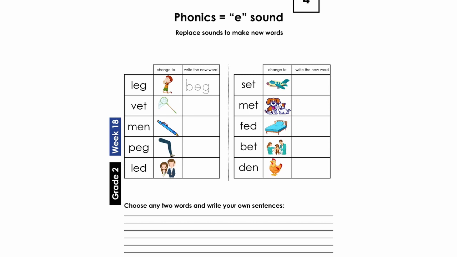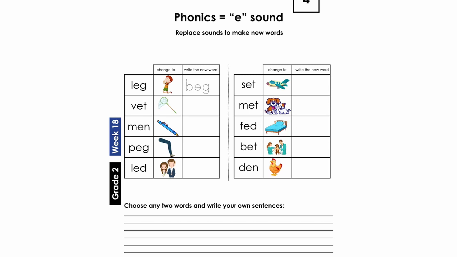So you have to look at the picture, and then you have to write the new word that describes the picture. The first one was done for us already. So you see a little boy on his knees, and the new word to explain that picture will be the word beg. I'm going to do 2 more examples with you.